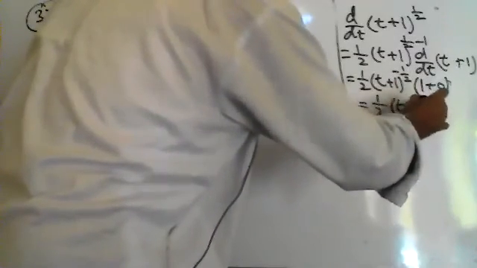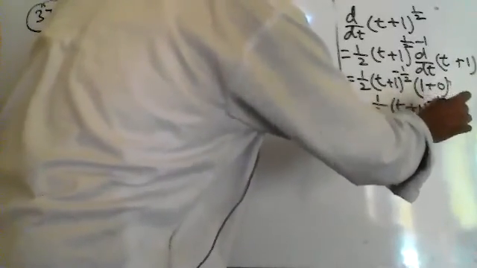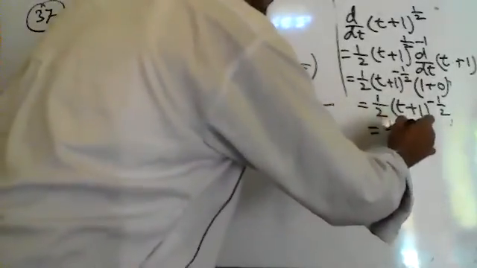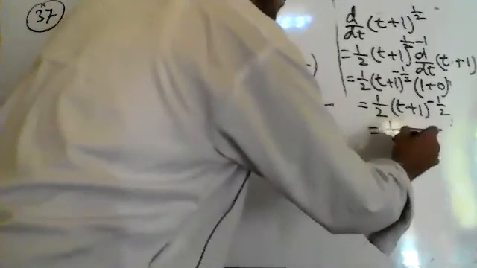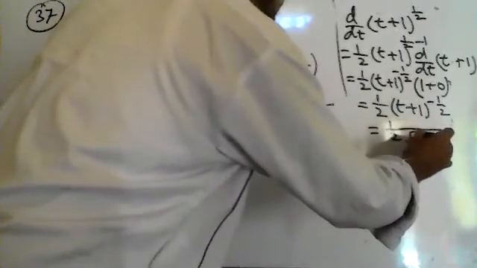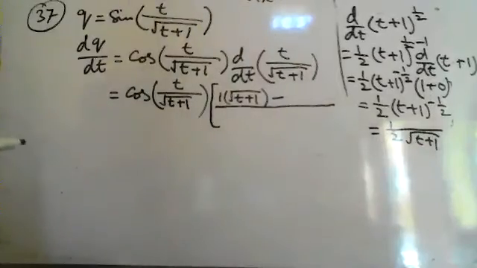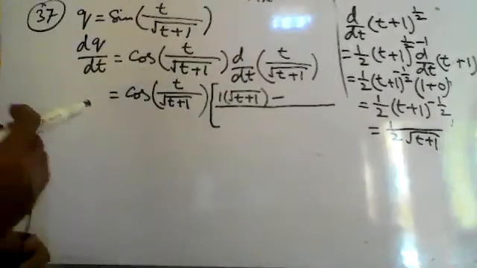So it will become 1 over 2 into t plus 1 raised to power minus 1 over 2, and that can be written as 1 over 2 under root t plus 1. The negative power will come down to the denominator.